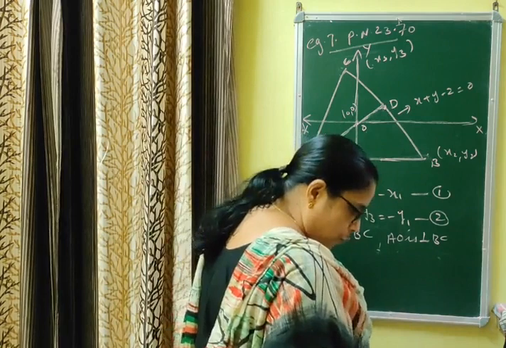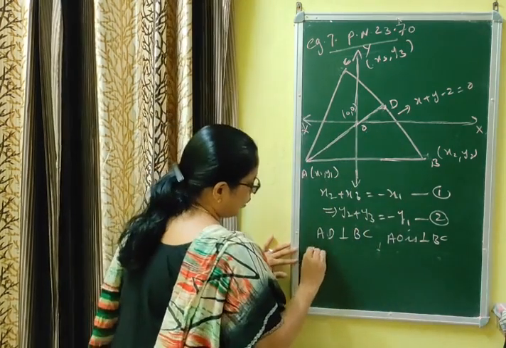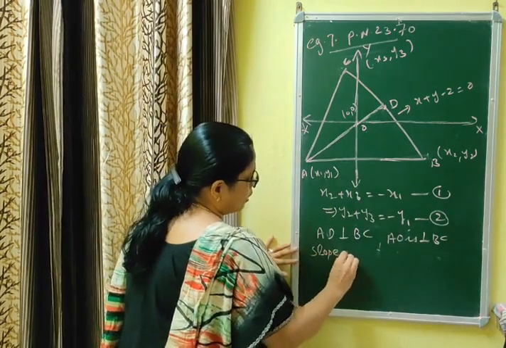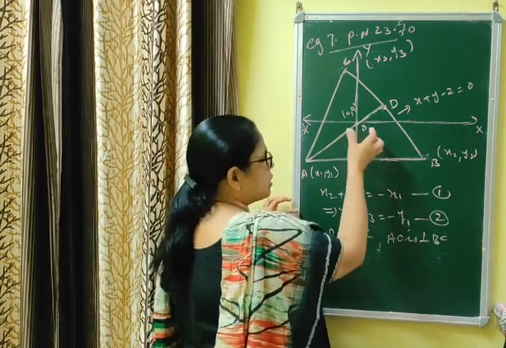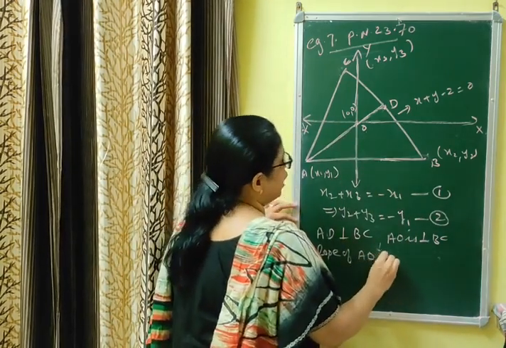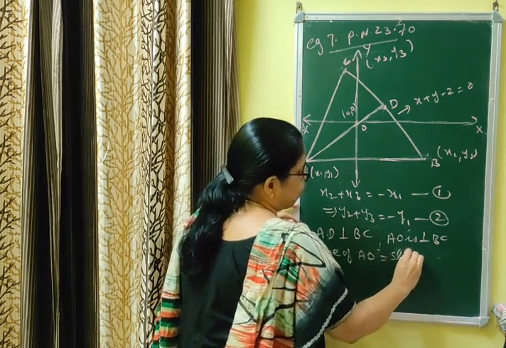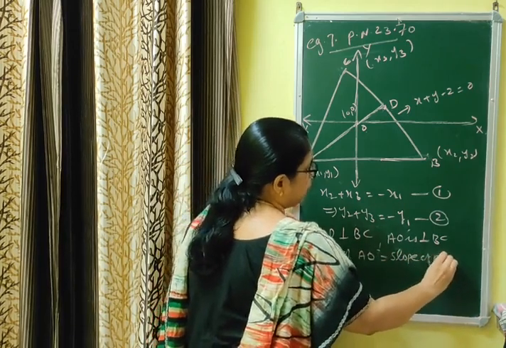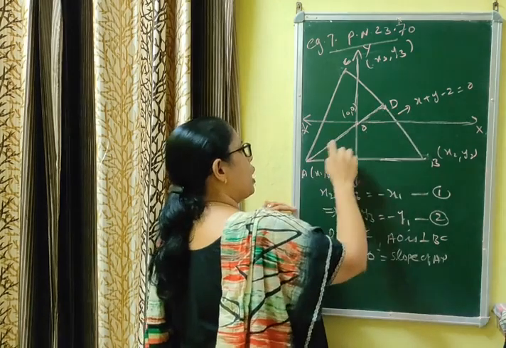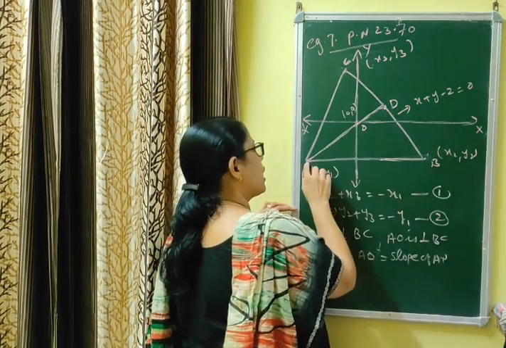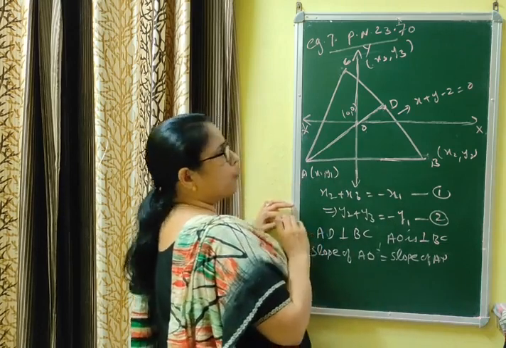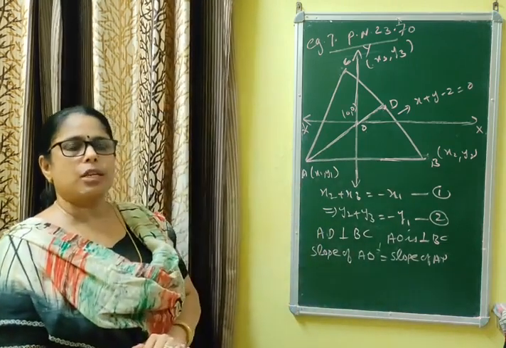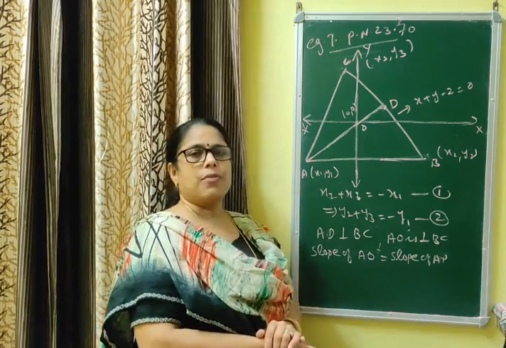Now how can we find the slope of AO? Why are we finding the slope of AO? The slope of AO is not perpendicular; it is its part which is perpendicular. The slope of AO is the same as the slope of AD. Why? Because you take AD, you take AO, you have two points on AD: the first point is A, the second point is O. Now how can we find the slope of a line passing through two given points (x1, y1) and (x2, y2)?